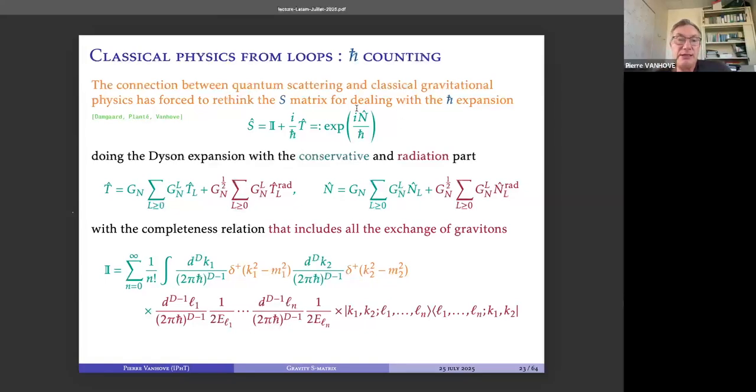The problem is that finding a generalization of the eikonal approximation in quantum field theory is not an easy question, and it has been looked at for a long time. But we have proposed this formulation, which, when you explain it, looks very simple.